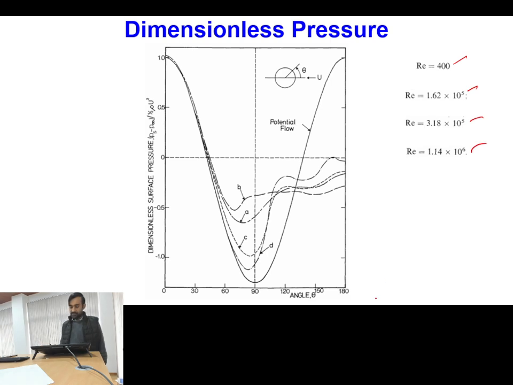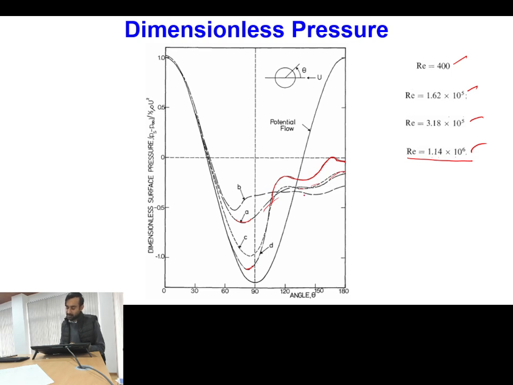Then you can see the corresponding values of surface pressure for a wide range of Reynolds numbers. Here one important point is the Reynolds number of 1.14 into 10 to power 6, a very high Reynolds number. Corresponding to this, you can see your pressure recovery. Initially, pressure recovery was less.